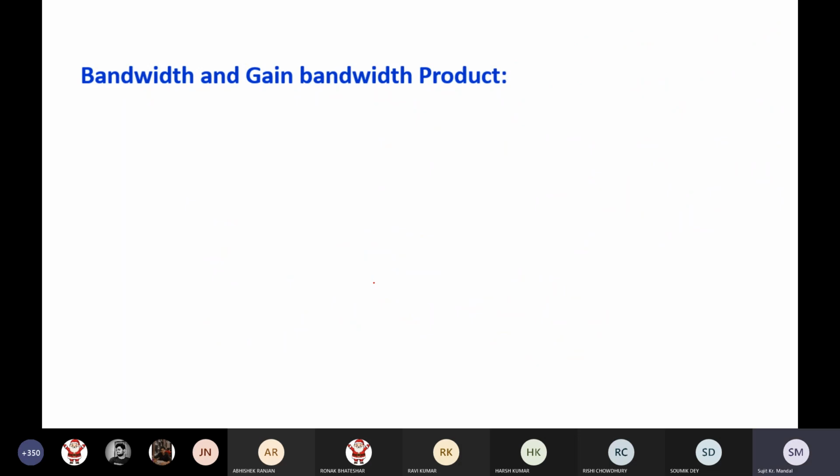Next is the bandwidth and gain bandwidth product. It is also important. This you probably have discussed in your single stage amplifier, that is the gain characteristics, the frequency response characteristics of common emitter amplifier.